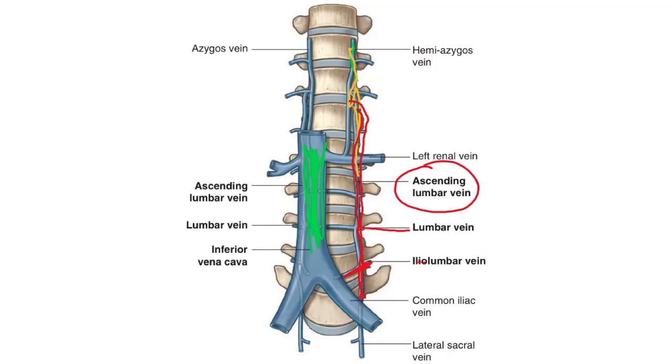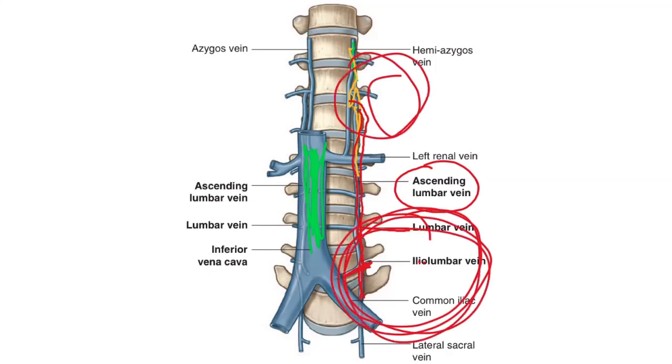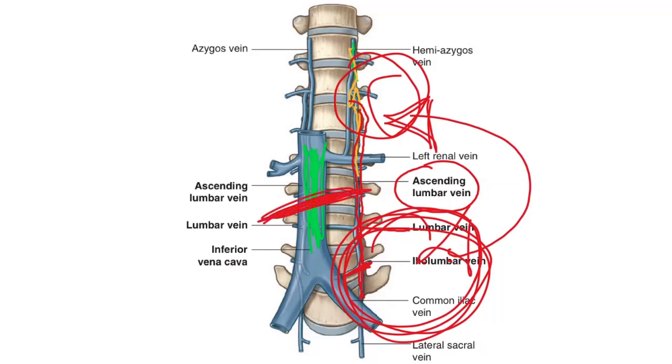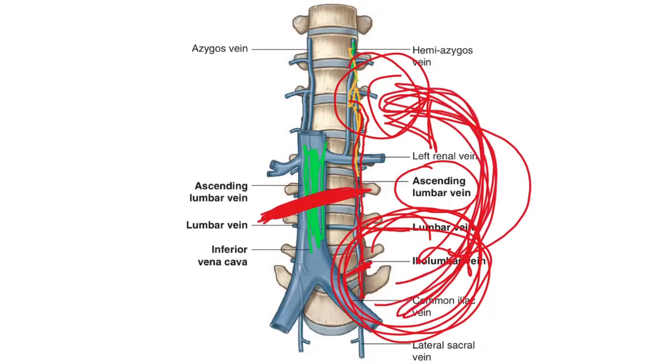So this ascending lumbar vein connects the thoracic veins to the lower limb or abdominal pelvic veins. If the inferior vena cava is obstructed for some reason, this forms a collateral circulation, right? And you can see that.